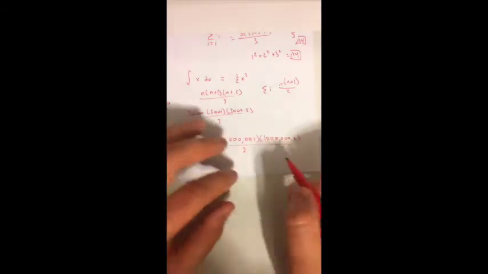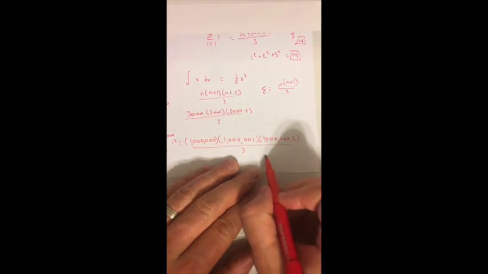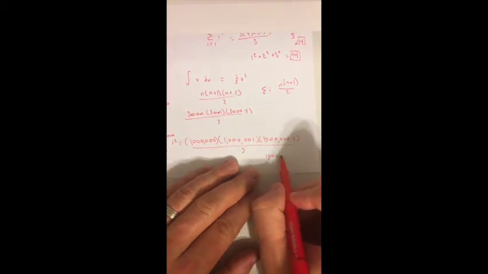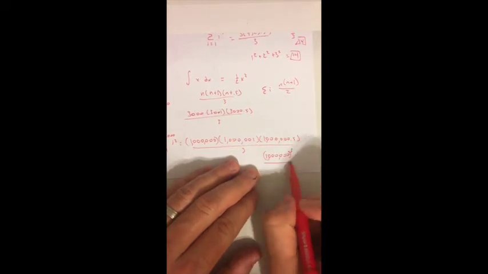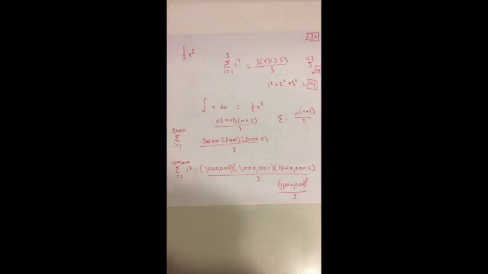You wouldn't really even be able to tell at all that that wasn't just a cube. And so that starts to look more and more like just that divided by 3.